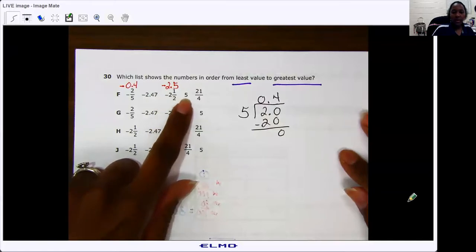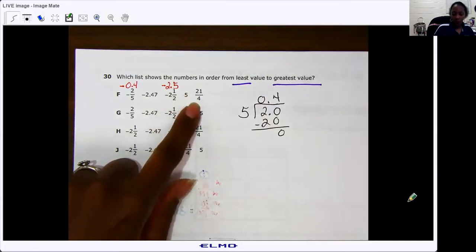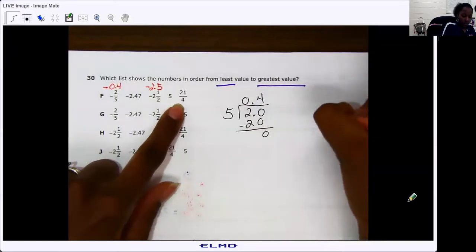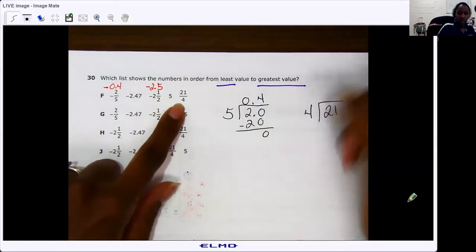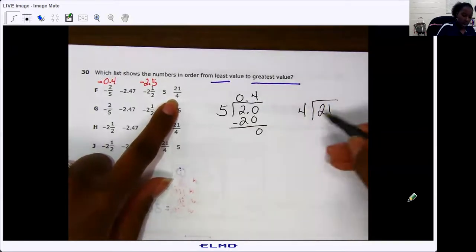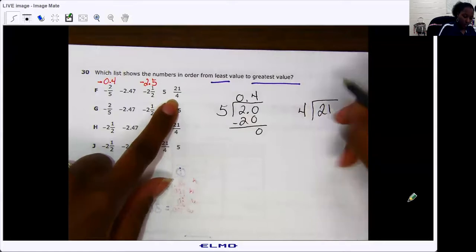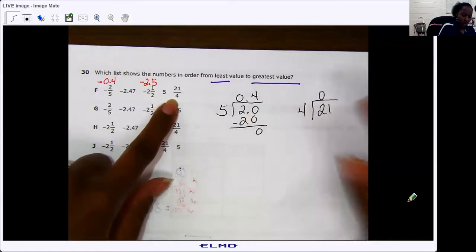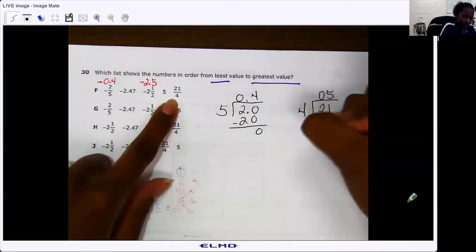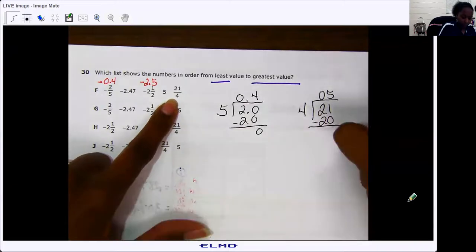Now I have my equivalent decimal form. 5 I'm going to leave alone. 21 over 4. 21 top in, bottom out. 4 will not go into 2. 4 will go into 21 5 times with 1 left over.